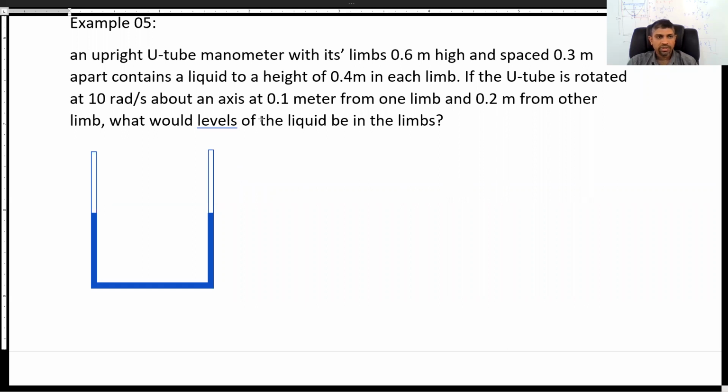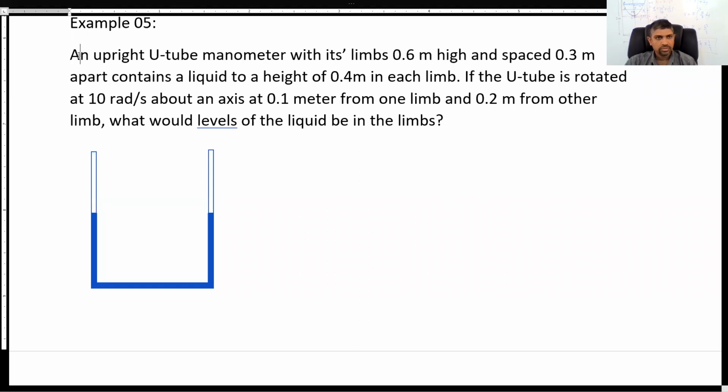It's a U-tube, upright U-tube. So we have to neglect the size of the diameter of the U-tube, right?